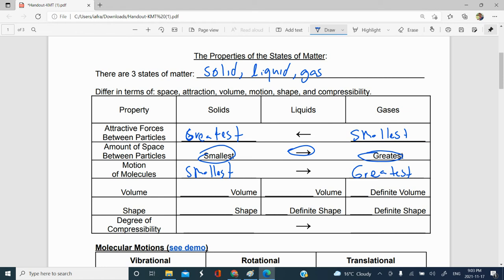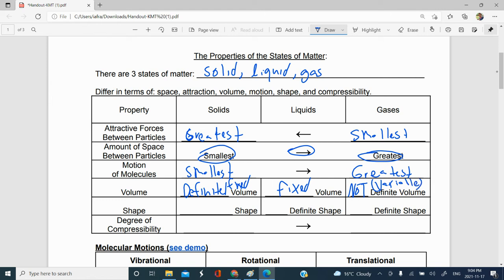Volume, we have to see if they have a definite volume or not. So for solids, they do have a definite volume, or fixed volume. Same thing with liquids, they do have a fixed volume. Whereas for gases, it's not definite. We might sometimes call that variable volume.